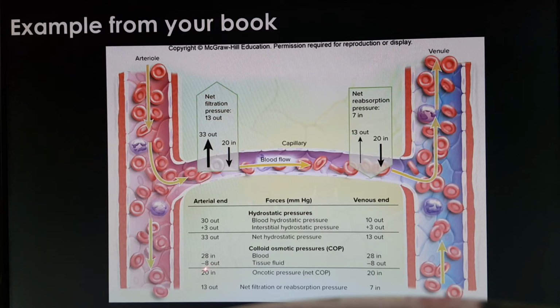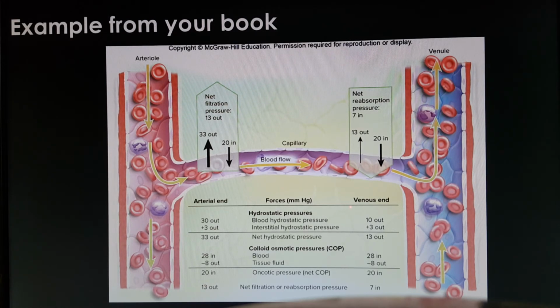For your colloid osmotic pressure, none of those pressures change, so both of them are 20 in. Net hydrostatic pressure of your arterial end with the net oncotic pressure, or net colloid osmotic pressure, at the arterial end: your 33 out opposed by your 20 in leads to 13 millimeters of mercury of pressure out, driving fluid out of the capillary.